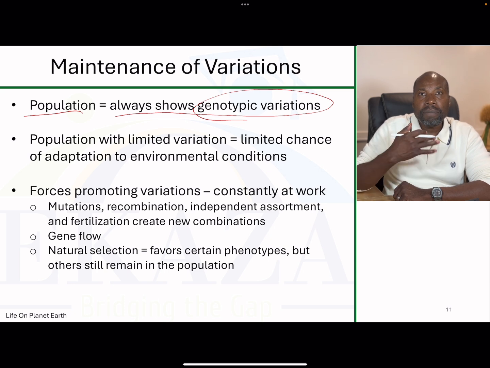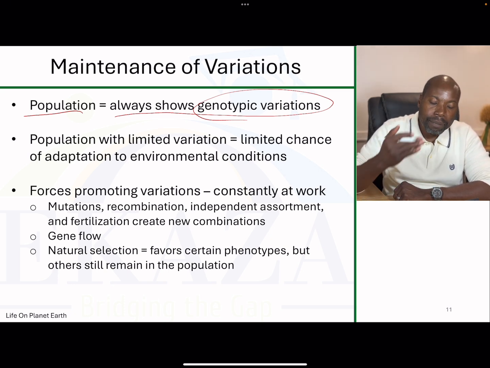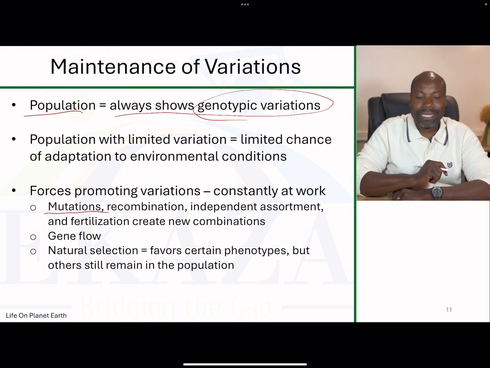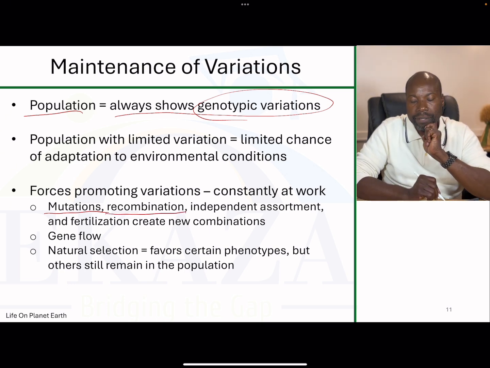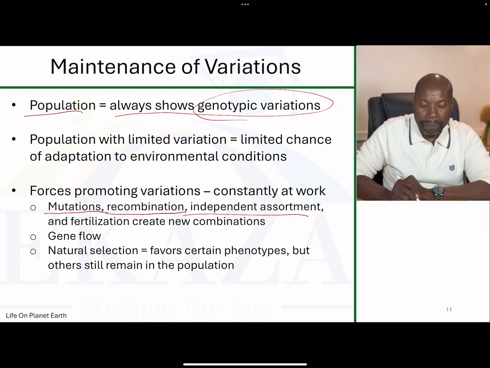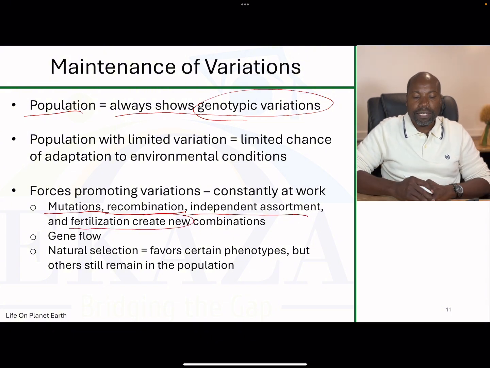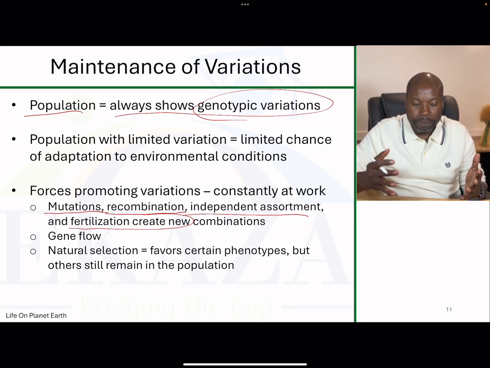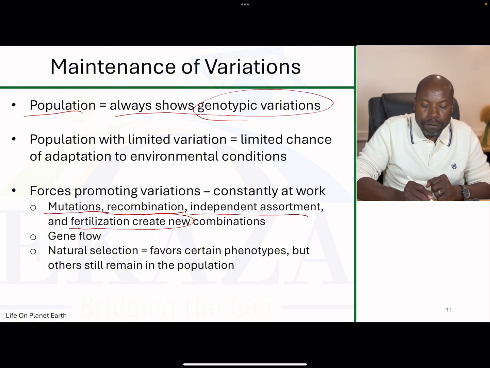Natural selection and maintaining variation is ongoing all the time in populations, right? Why? Because mutations always happen, right? Recombinations may happen, right? Independent assortment always happens, right? And fertilization is going to create a bunch of combinations in a population. Moreover, you have gene flow.